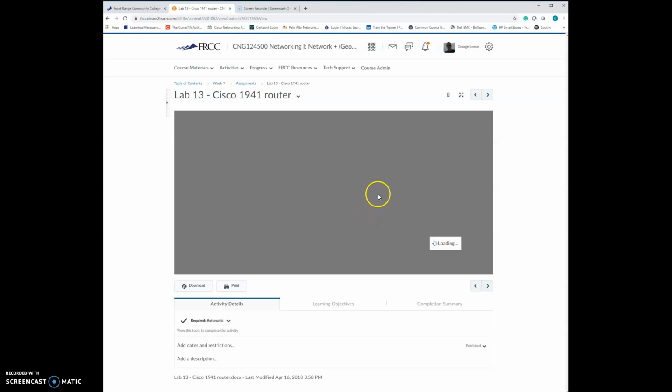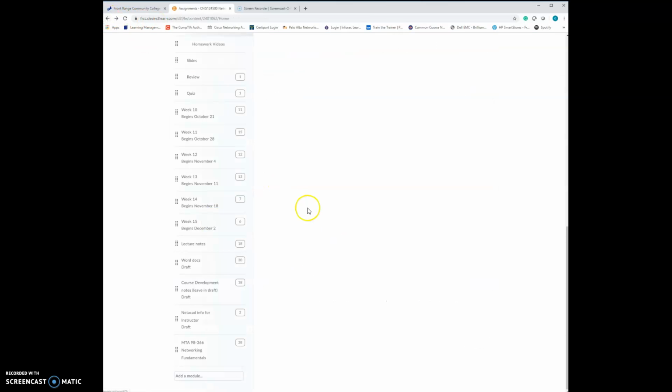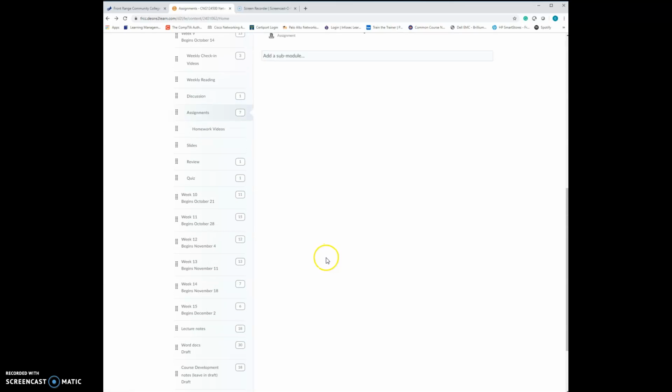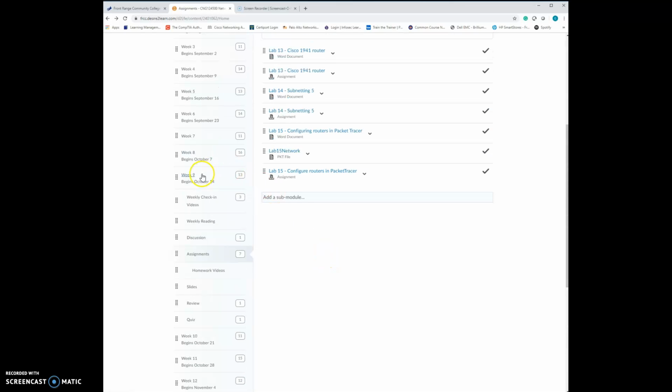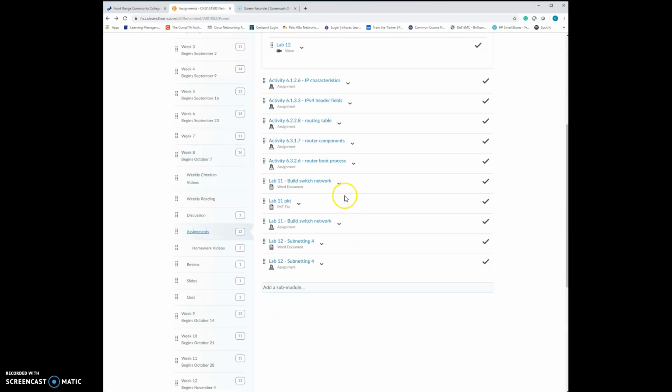So next week, be prepared for working in the Packet Tracer environment from week 9 out. But this week, make sure you have a good grasp on subnetting 4 and jumping through multiple classes, A's, B's, and C's, because the difficult part will be, okay, I understand working with a C, can I translate that to working with an A and a B?